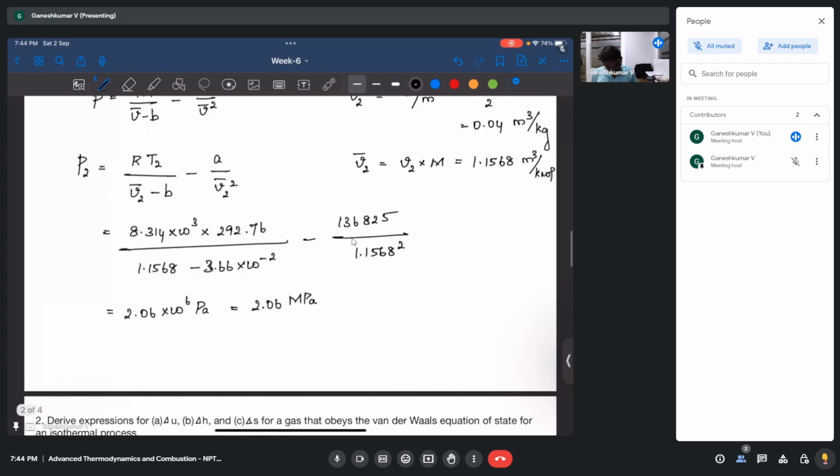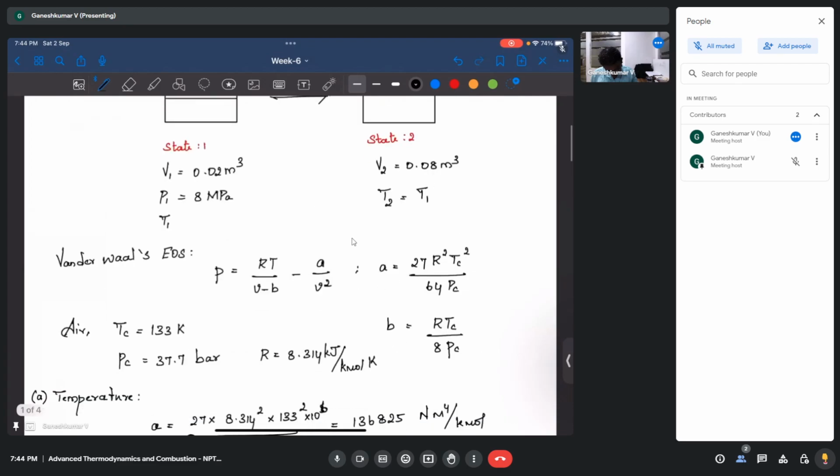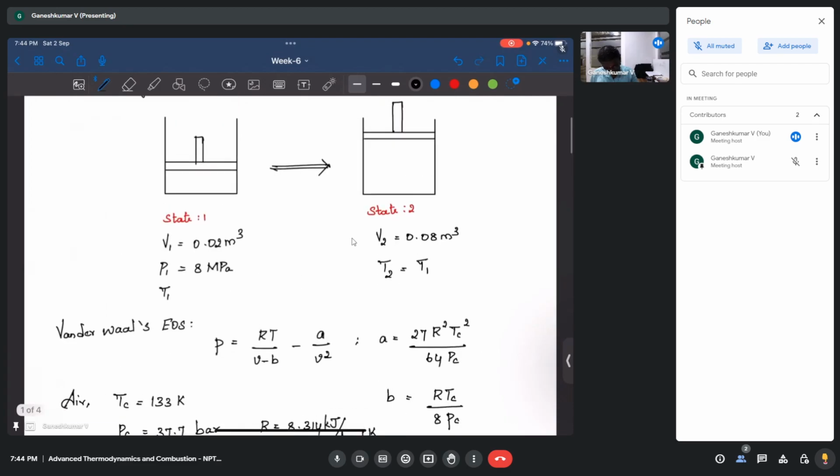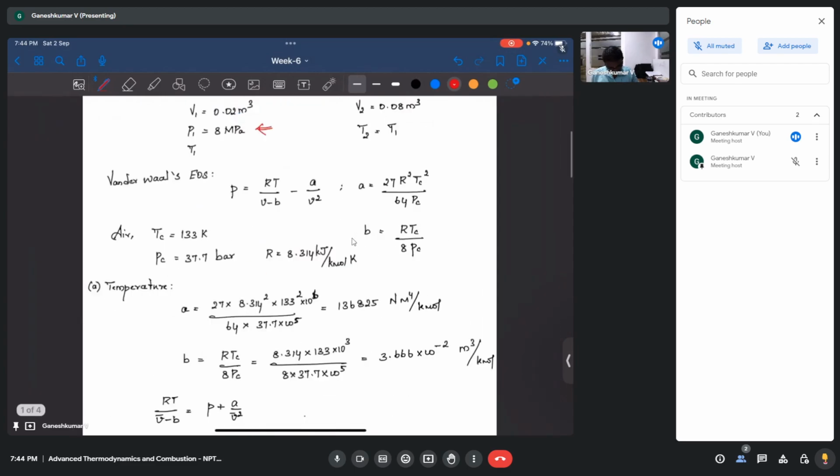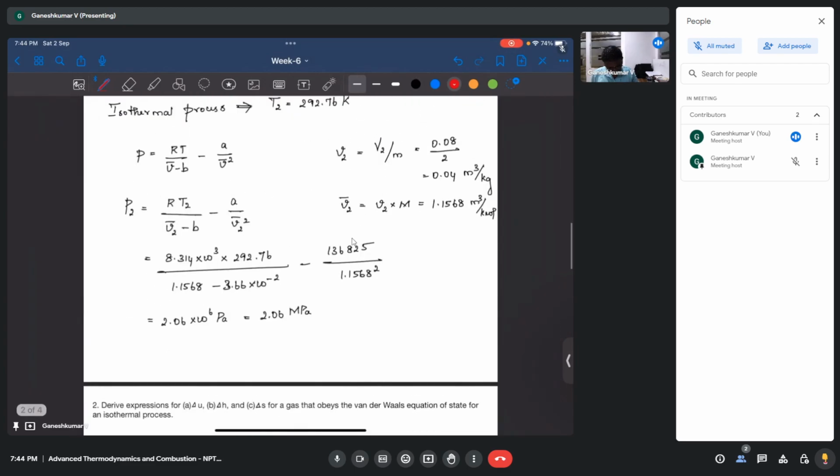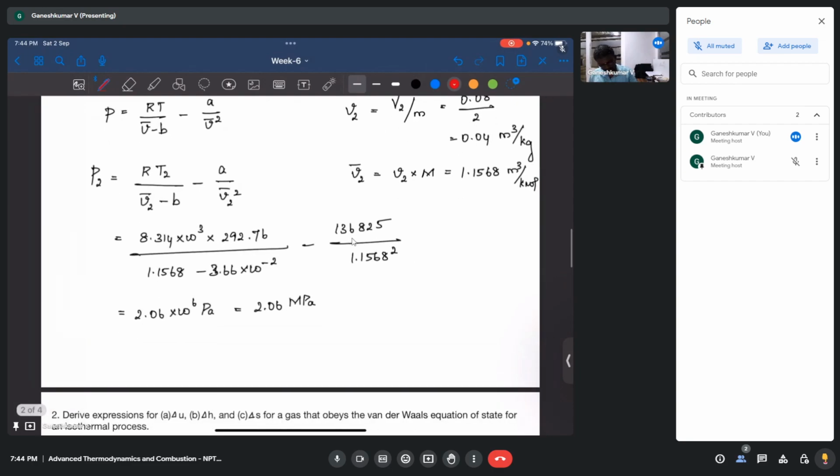So my initial pressure was 8 megapascal. Pressure reduced to 2.06 megapascal. Now it looks like the calculations are right.